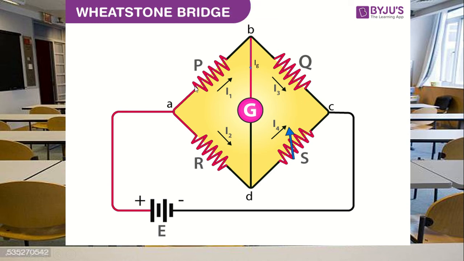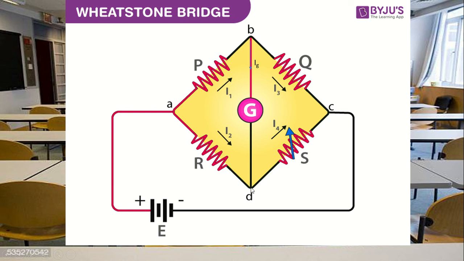So when I1 reaches point B, it divides into Ig that goes through the galvanometer, the device that shows deflection when current goes through it, and I3 that goes through Q.